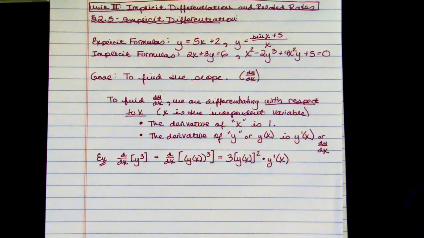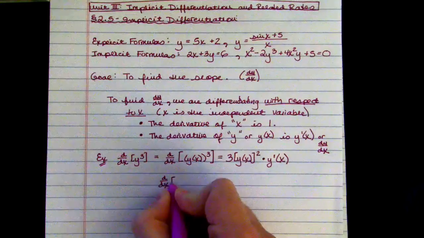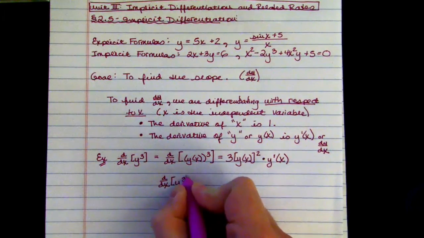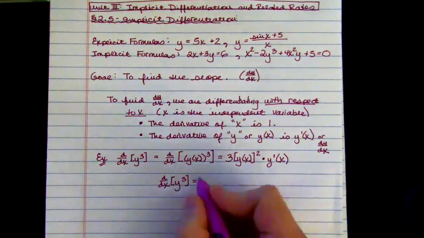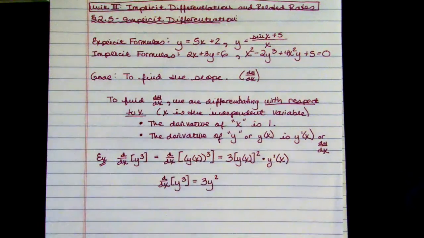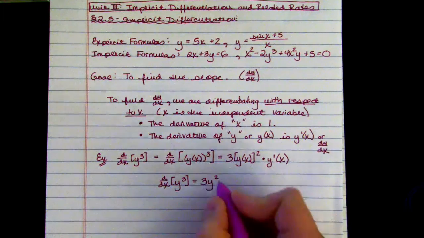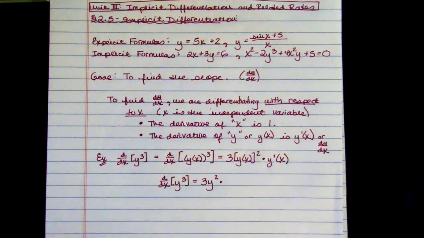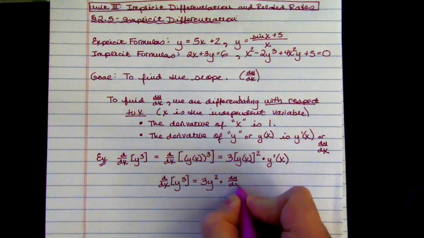Now, this notation gets a little cumbersome. Instead of writing it out like this, I'm going to write it using a little bit of shortcut notation. The derivative of y cubed is, well, how do we do the derivative of a cube? We pull the 3 out front and subtract 1 from the power: 3 times y squared. Y, though, is really a function of x, so I then need to multiply by the derivative of y, and I'm going to use that other symbol, dy dx.